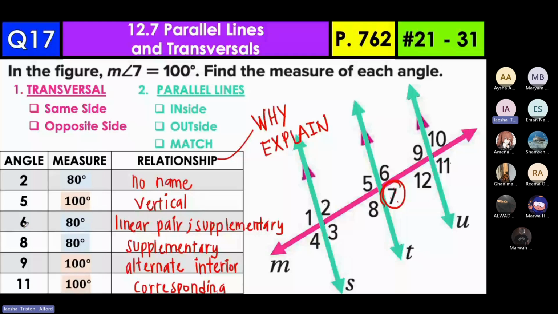Angle 6 is 80 degrees because angle 7 and 6 are a linear pair. Angle 8 is 80 degrees because angle 7 and 8 are supplementary. Angle 9 is 100 degrees because angle 7 and 9 are alternate interior. You understand what I mean by explain? If they ask you to explain, say something about the name. We'll give you an extra mark.